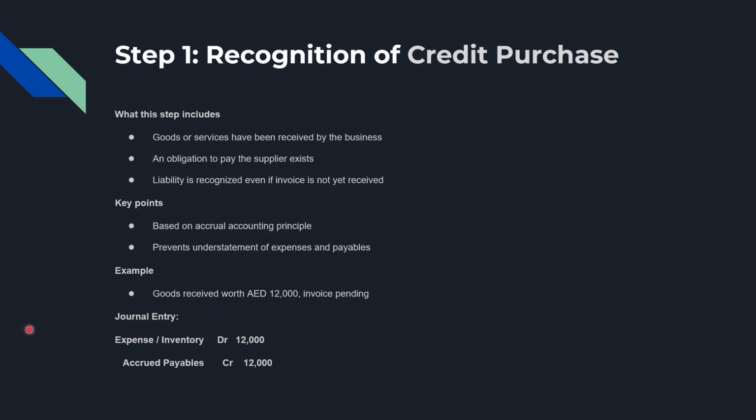So for example, if goods worth 12,000 dirham are received but the invoice is still pending, the expense and the related payable are recorded at this stage. As you can see, the expenses are debited with the 12,000 amount and the liability payables has been credited with 12,000 amount.